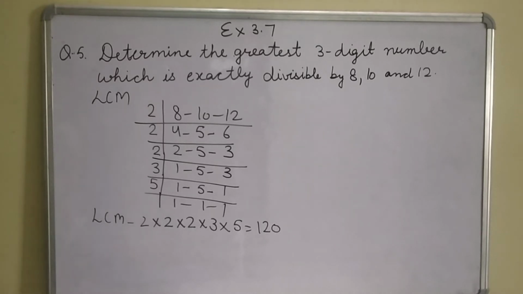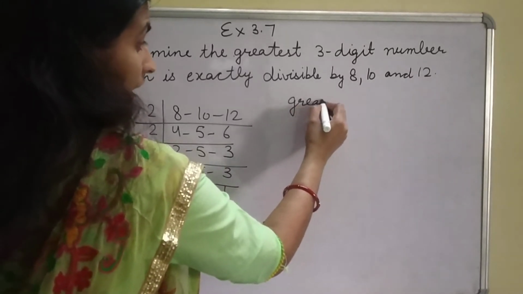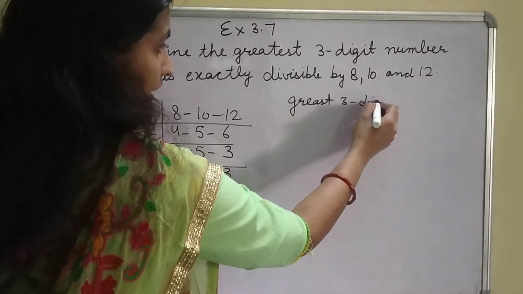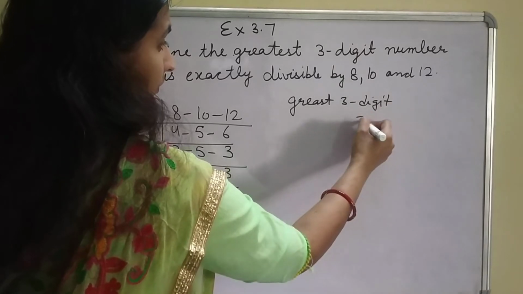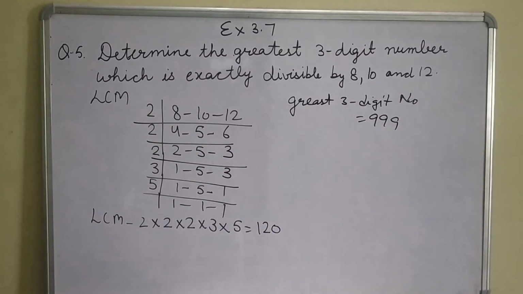There are two methods to find the required number, as we have done in the last question. You can multiply this by 2, 3, 4, 5 and this way you will get it. Or how else can we do it? The greatest 3-digit number is 999.